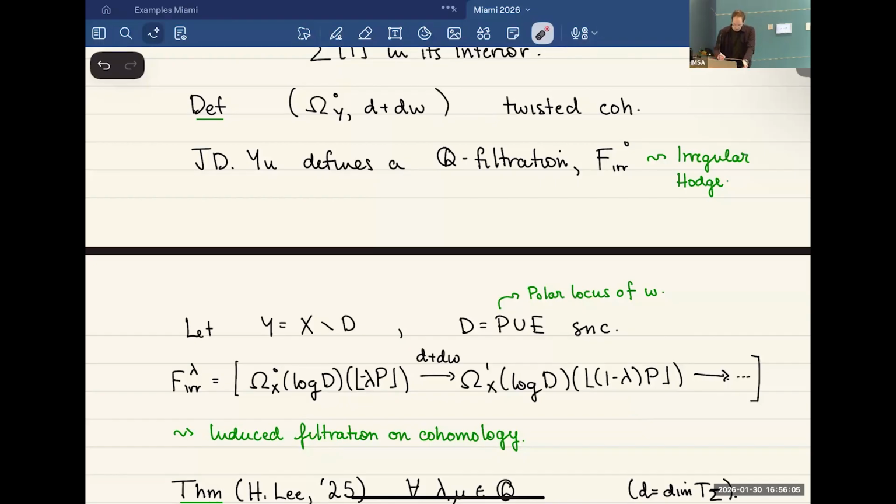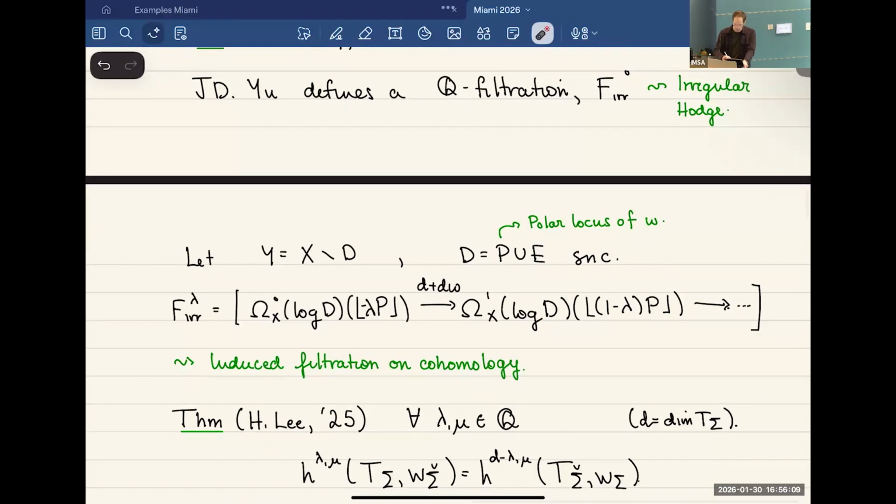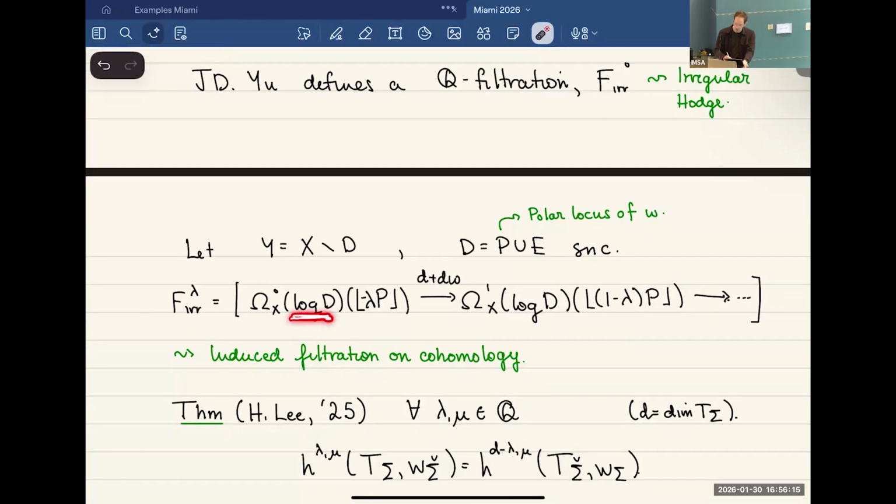Yu's filtration is something along these lines, where I take the subcomplex determined by things with log poles along the entire boundary D, and then poles of particular possible orders along the polar locus. This is defined for all rational numbers, and it induces a filtration on cohomology.